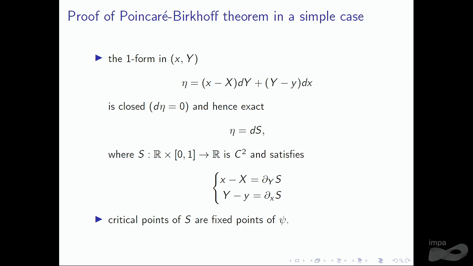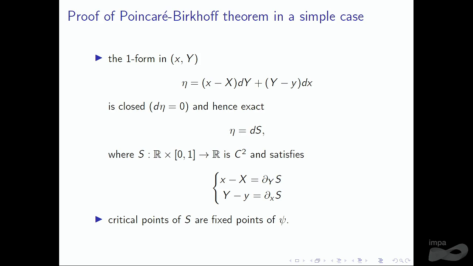And this one form, now it's very simple, in fact. You can take the derivative, and it simplifies a lot. It just remains the terms, the area forms in the domain and in the target, one minus the other. But because the map preserves area, now the derivative of this one form here is zero. So this one form is closed.